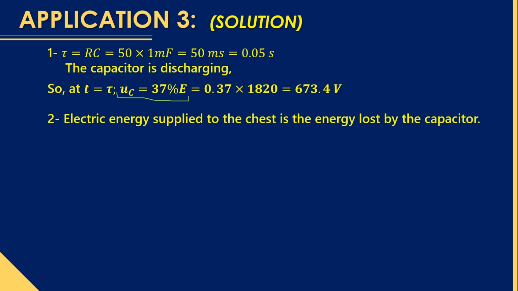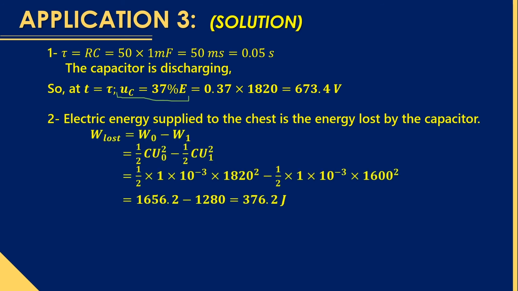In the second question, we are supposed to find the electric energy supplied to the chest. In order to do that, I'll calculate the energy of the capacitor at time 0, then the energy at time t when the voltage across the terminals of the capacitor reaches 1600 volts as given. So W0 is half C U0 squared, W1 is half C U1 squared.